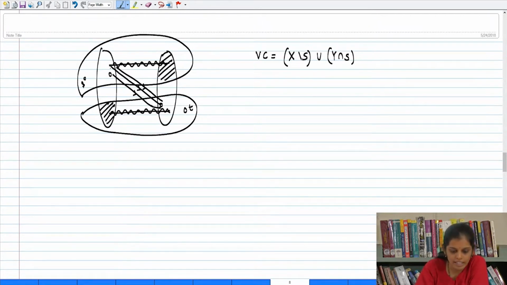And why were these vertices in S? This is all the set of vertices which are in S. So, if there were edges of this type which are forward edges, you have already reached this vertex using S, you could have extended that path to reach this vertex. But you put this vertex in a non-S partition, which means that there was no path by which you could have reached these vertices starting at the vertex little s.